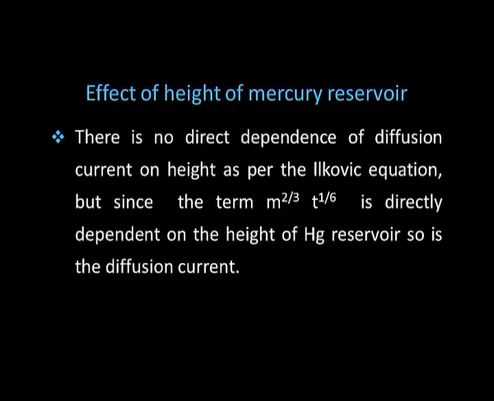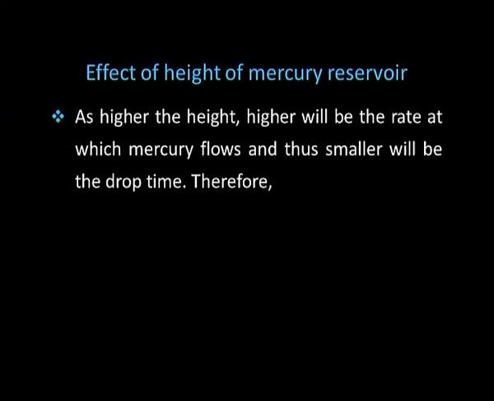There is no direct dependence of diffusion current on height as per the Ilkovic equation, but since the term m raised to the power 2 by 3 t raised to the power 1 by 6 is directly dependent on the height of mercury reservoir, therefore, the diffusion current is also dependent on the height of mercury reservoir. I d is proportional to m raised to the power 2 by 3 t raised to the power 1 by 6. As higher the height, higher will be the rate at which mercury flows, and thus smaller will be the drop time.